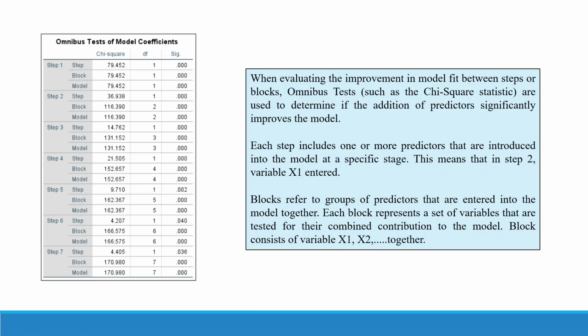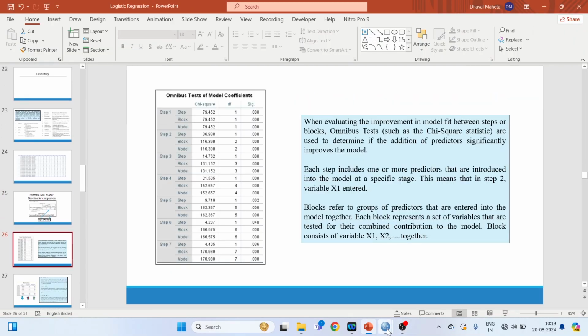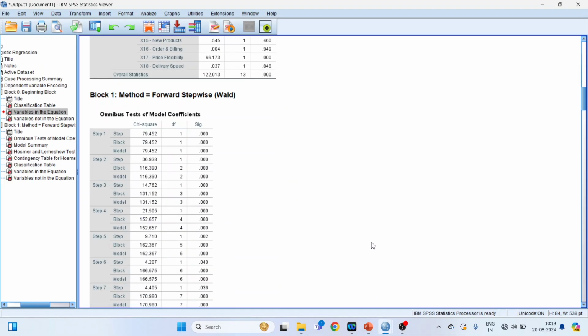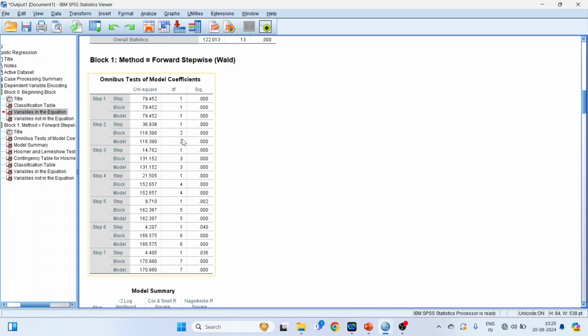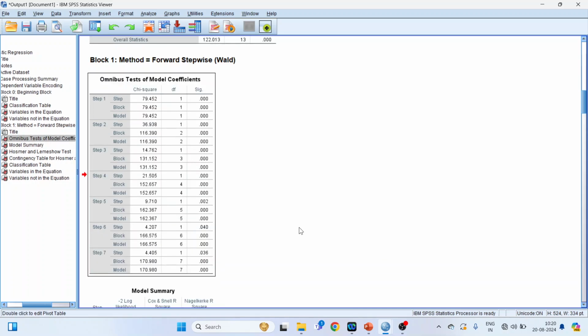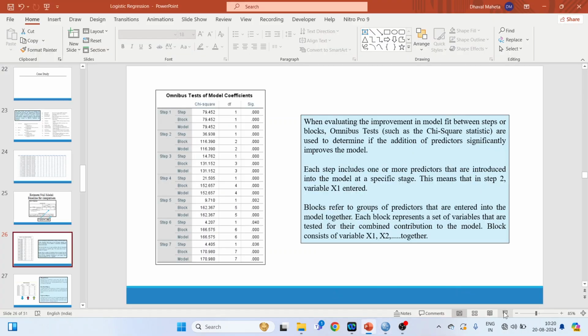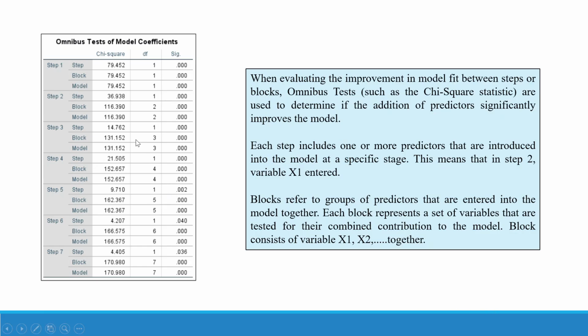The next is the omnibus test of model coefficients. You will get it from here. Okay, let's understand how to interpret this. Step 1, the chi-square is 79.452. Step 2, some predictor variables are included in the model, so the chi-square is 36.938.